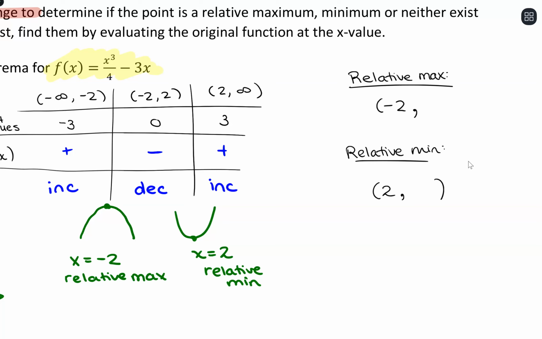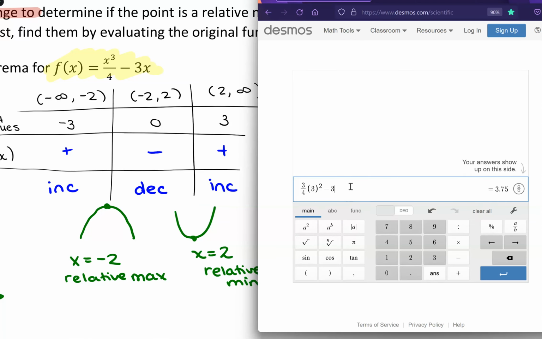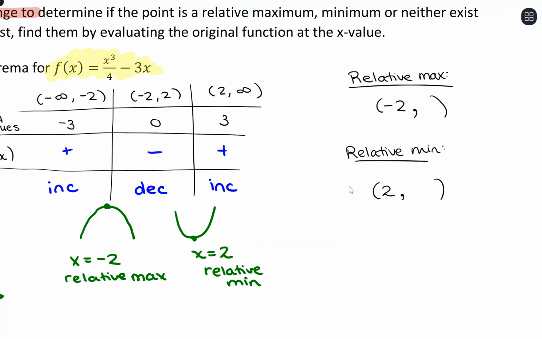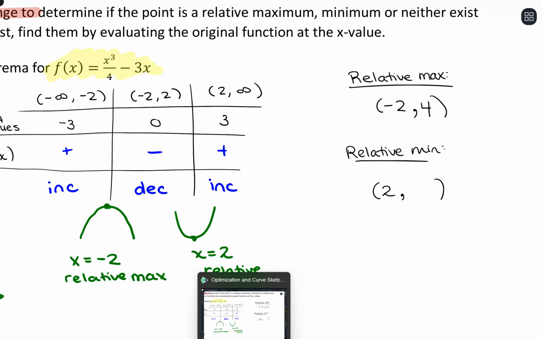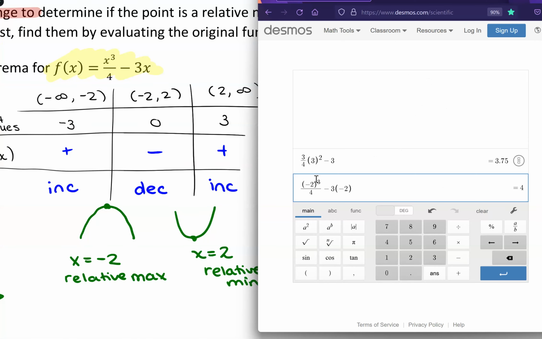But then to get the y coordinates out, we just need to plug it in, and we can use the calculator to help out with that. So with this one, we're taking x cubed, so -2 cubed divided by 4, and then -3 times a -2. And that is +4. So that's our relative maximum. And then for the relative minimum, we're doing the same thing, but with a +2. So I'm just going to delete out those positives, and that's a -4.